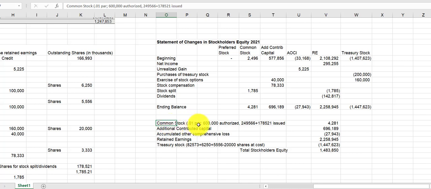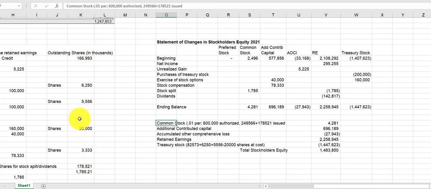Common stock, we have still 0.01 par. Actually, with the stock split, the par would have gone even further down, but we'll pretend that there's no way to measure that. It's so small already. So the number of shares issued now is what we had plus these new shares.